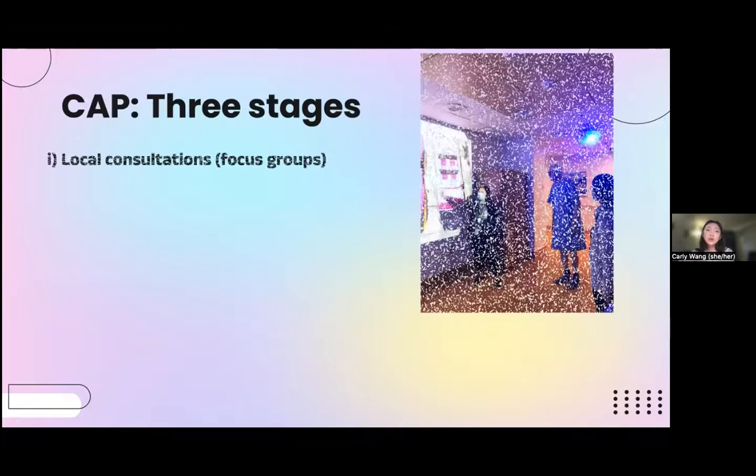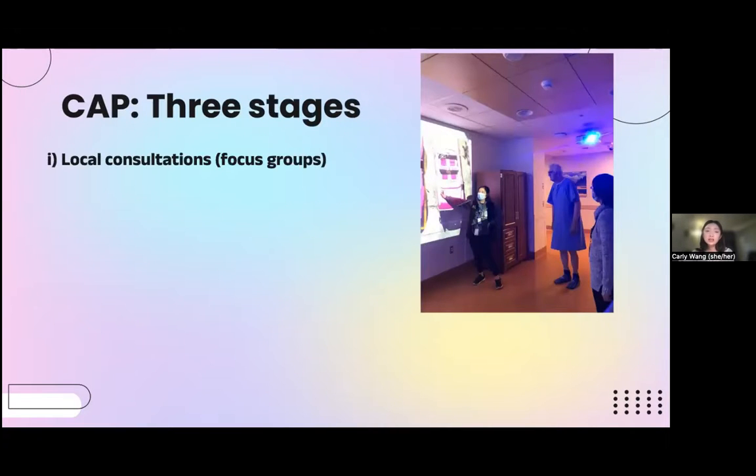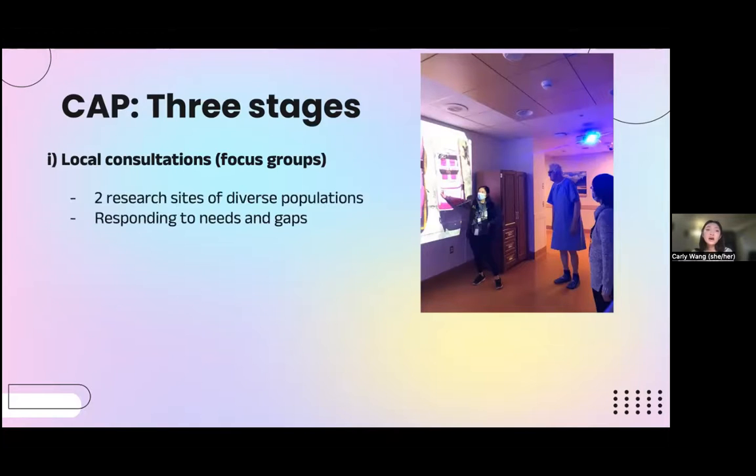In CAP, we also follow the 3 stages that cultural adaptation processes usually take, which is local consultations, you make focus groups, which is what was happening when the research sites gave us their feedback that the videos weren't inclusive enough. So we worked with 2 research sites of diverse populations, and we just needed to respond to the needs and gaps.